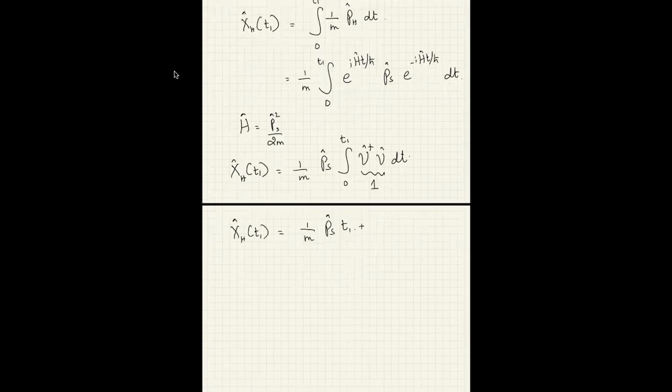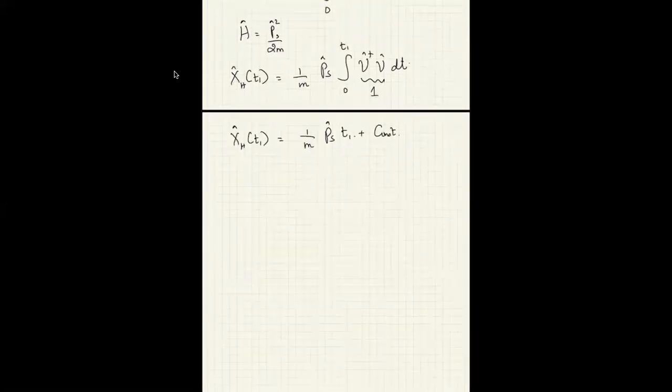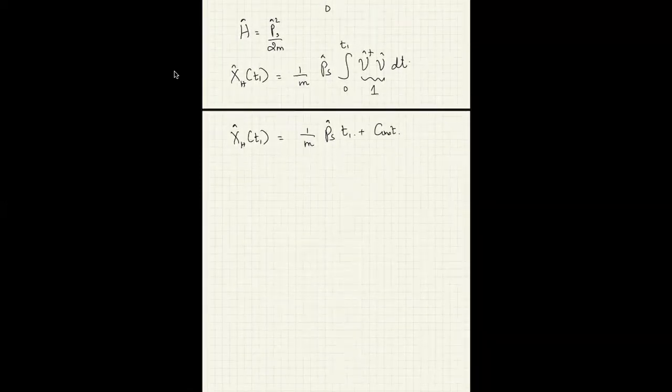plus a constant. How do I evaluate the constant? I evaluate the constant by looking at time t1 equal to 0. Of course, the first term is equal to 0, and the Heisenberg operator at time t equal to 0 is exactly the Schrodinger operator.